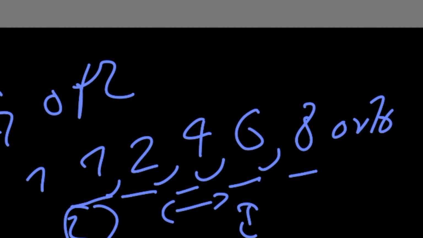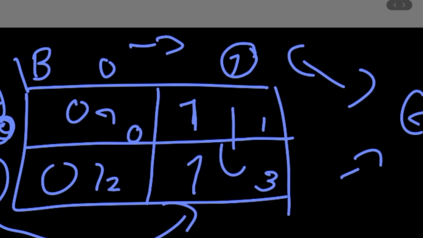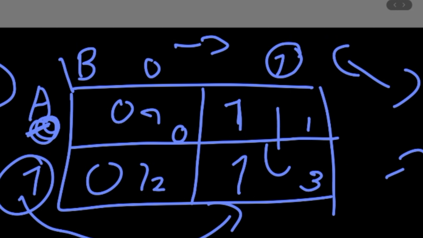The second rule tells us it must be grouped in a straight way. It cannot be grouped in a crisscross way, only horizontal and vertical. So in a box, the first rule tells us it must be grouped in groups of 2 or 4. If there is a group of 4, we prioritize 4. If there is a group of 2, we prioritize 2. So let's say all of these were 1.